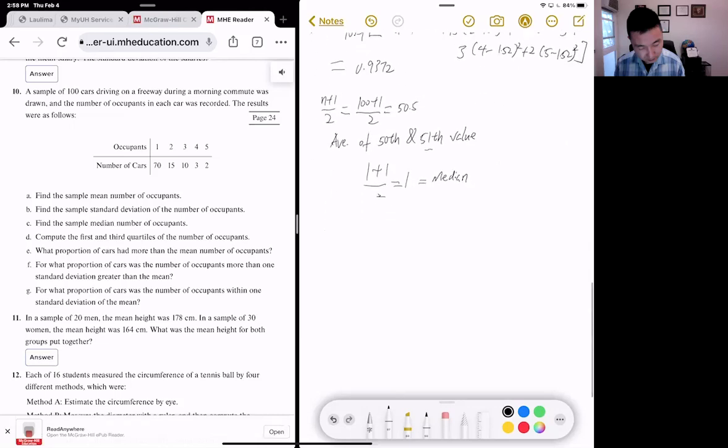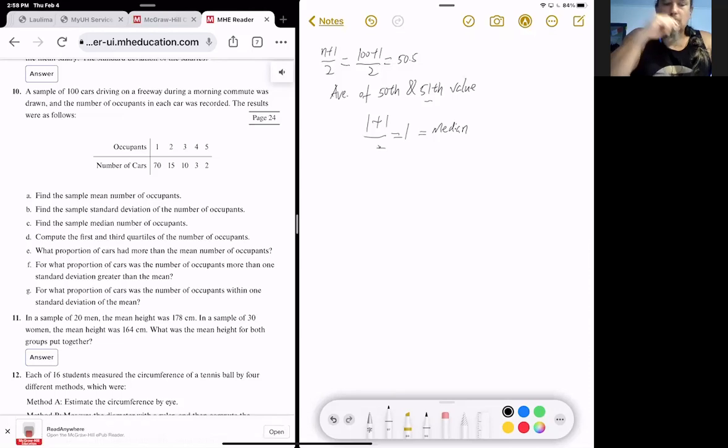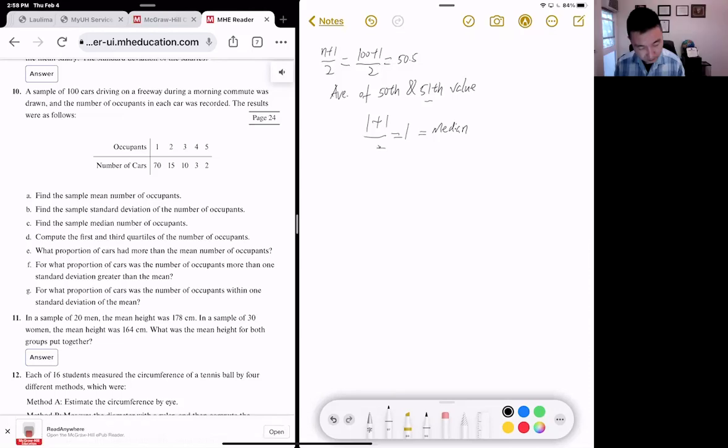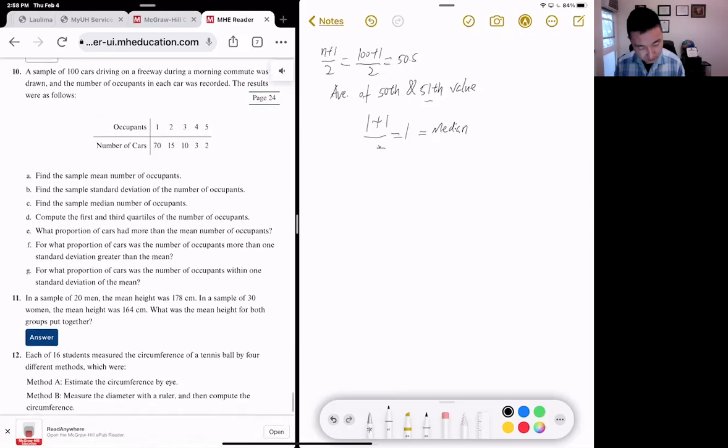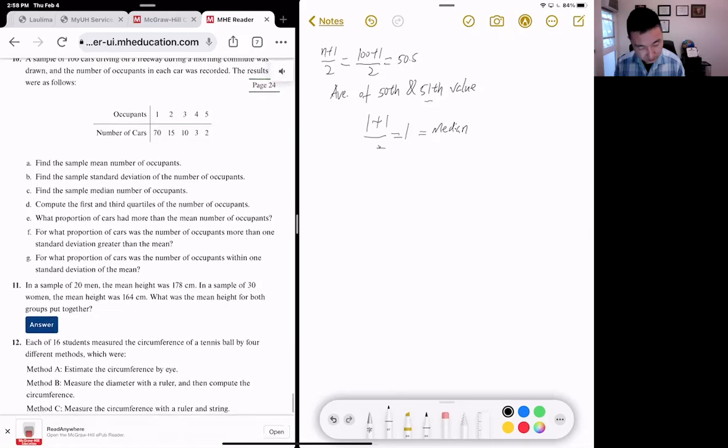So with these questions, we review the basic concepts and how to calculate them. D. What is the first and third quartile? The first quartile is the 25th percentile, and the third quartile is the 75th percentile. So for the first quartile we do 0.25 times (n plus 1), and n is 100.